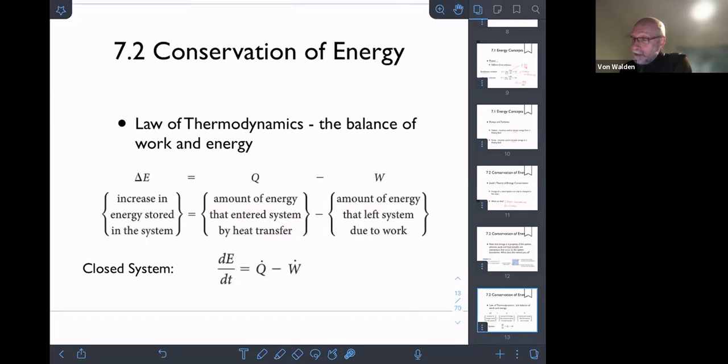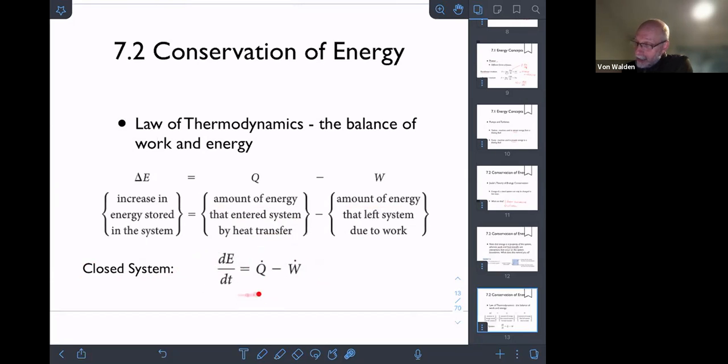That is the law of thermodynamics. When you take the time rate of change of that, the derivative with respect to time, you get dE/dt, the change in energy per time, equal to Q dot minus W dot. This is for a closed system.